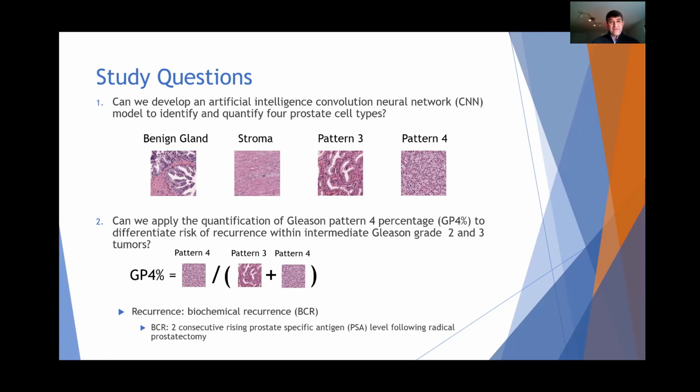And so here we're defining recurrence as biochemical recurrence, which we define as 2 consecutive rising prostate-specific antigen levels following the nadir after radical prostatectomy, or surgical removal of the prostate.